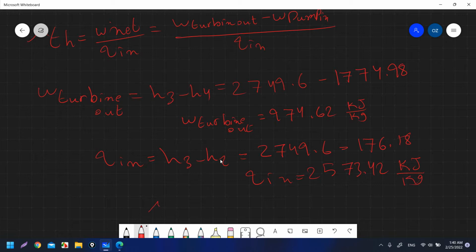Okay, so the thermal efficiency finally is 974.62 minus 8.65, which is the work pump in, over Qn, 2573.42, and this will give you 0.375 or 37.5%.